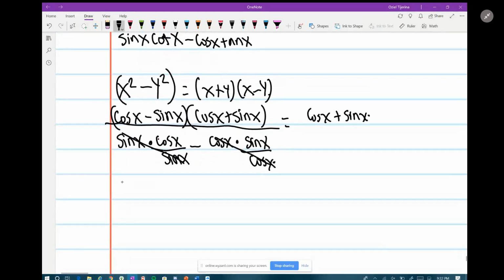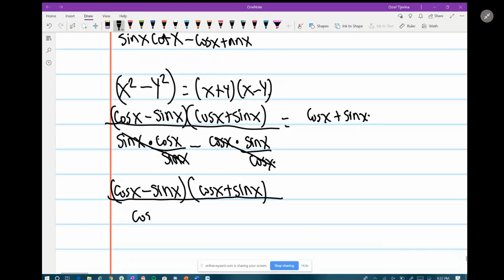So then we have cosine of x minus sine of x times cosine of x plus sine of x, and then you're going to divide by cosine of x minus sine of x, because of these canceled out.